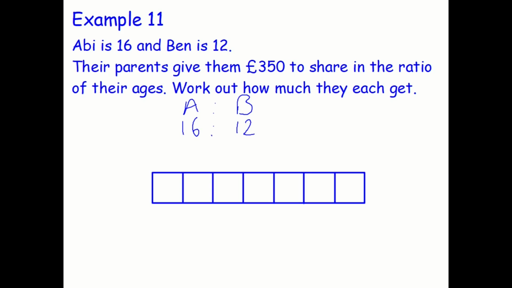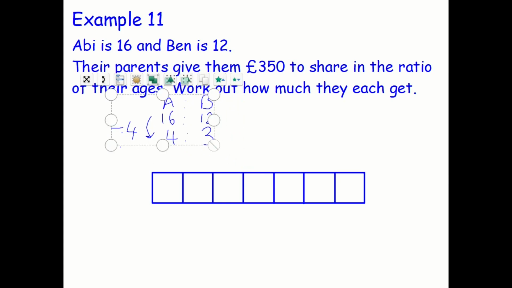Simplify the ratio first by dividing through by the highest common factor. Highest common factor here is 4, so this is 4 to 3, and that is why I've got 7 boxes there, okay? Because the key is to simplify it fully. So I've simplified it fully, and I've got that it's 4 to 3.